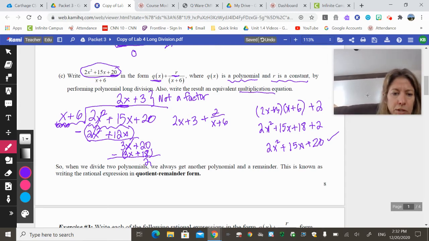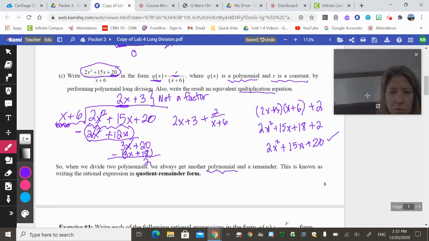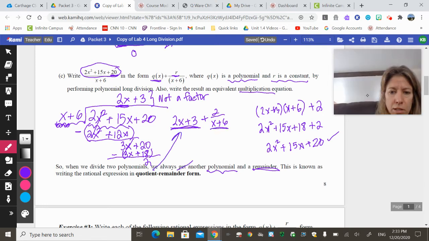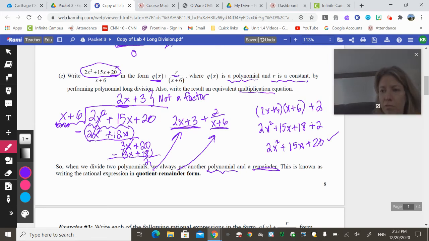Okay, so it says when we divide two polynomials, we'll get another polynomial. This 2x plus 3 is called a polynomial, and the remainder. So the remainder in this case is 2, and I write it in quotient remainder form. So this is the quotient, and this is the remainder, and that's quotient remainder form.